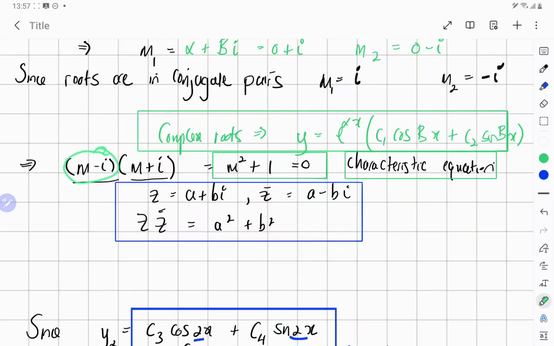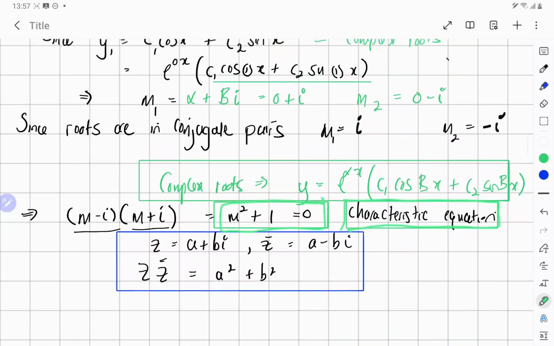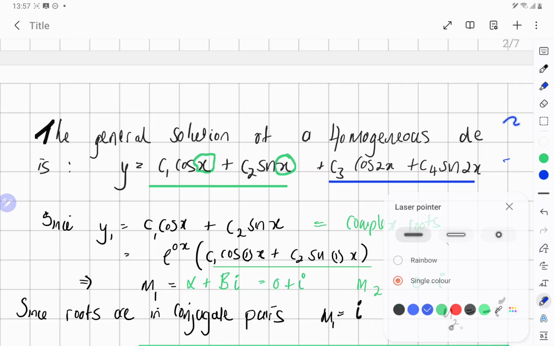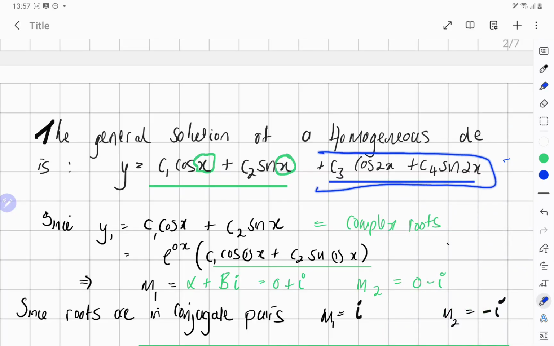It is the factor times by its conjugate, so we can just go m squared plus the coefficient of i squared, we get m squared plus 1, and that is our characteristic equation for our green part, y1. Now, let's do y2 quickly. y2 is the blue part given.